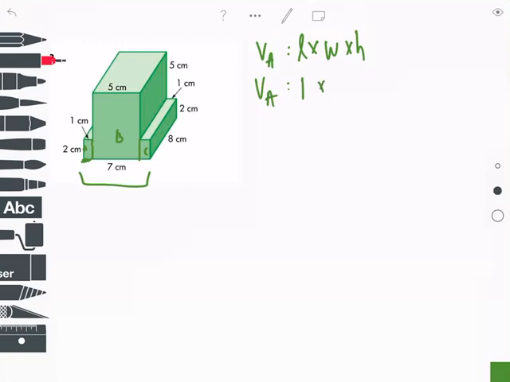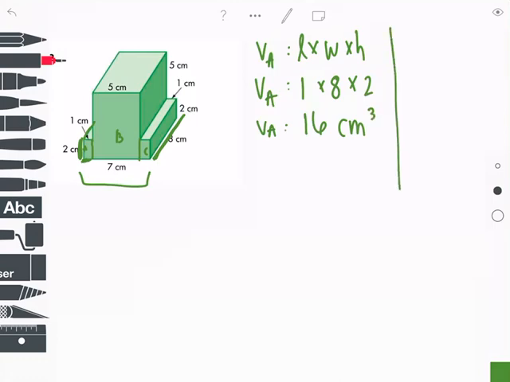The width of it, you can't see here, but it does go all the way to the back, just like C's. So the width of C is 8, and the same thing would be for A. And the height is only this part, so it's 2.